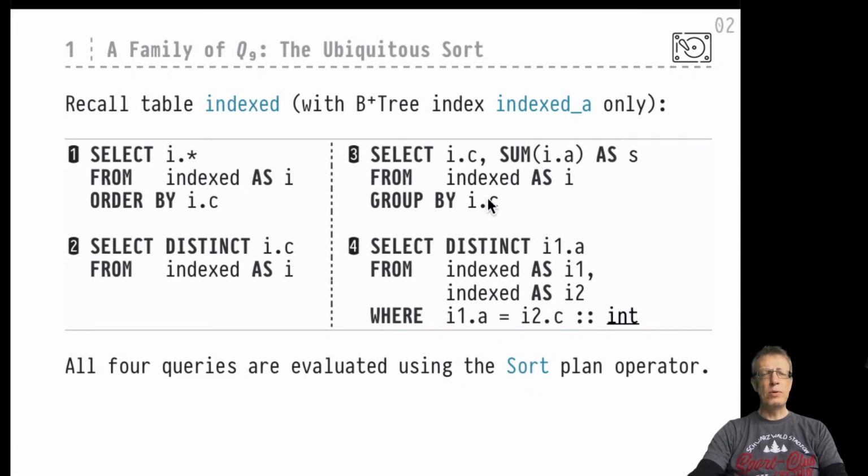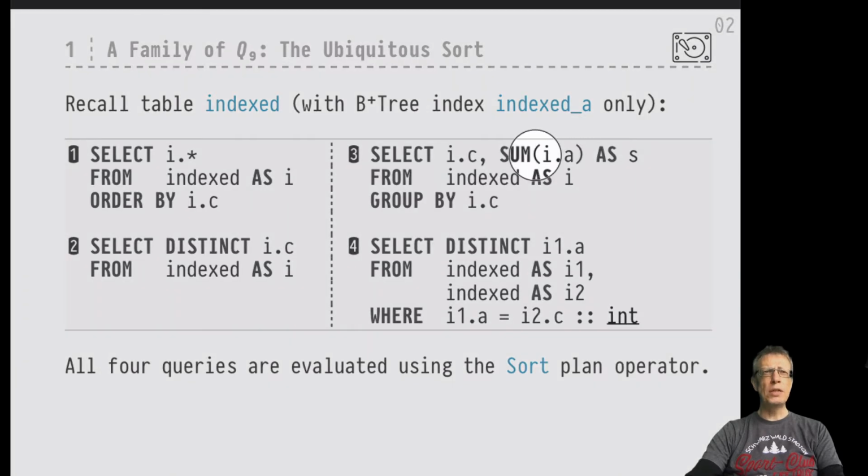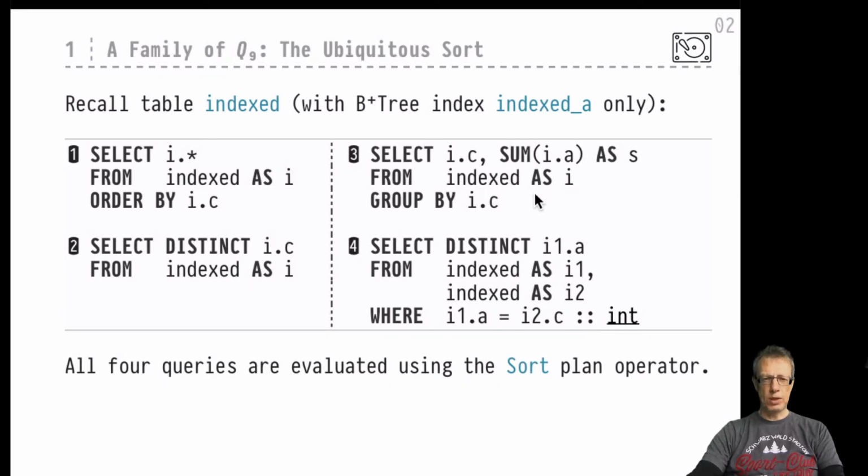And if we have all these rows adjacent to each other, then it's easy to evaluate such a group by clause, and also easy to evaluate this summation here, right? So performing summation inside the group is easy once all the rows that belong to a group are physically close to each other, and sorting will deliver just that.